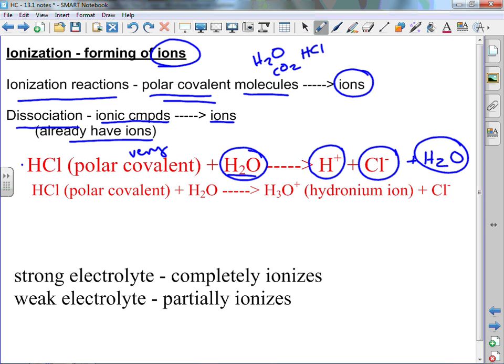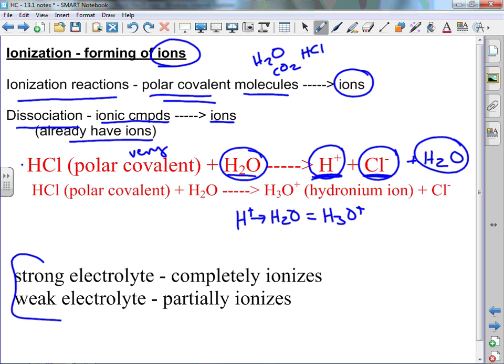We'll learn about acids and bases more next chapter. So when it dissociates, we can say H pluses and Cl's, but also those H pluses merge with waters to get H3O pluses. You'll see that we go back and forth between writing H plus or H3O plus.